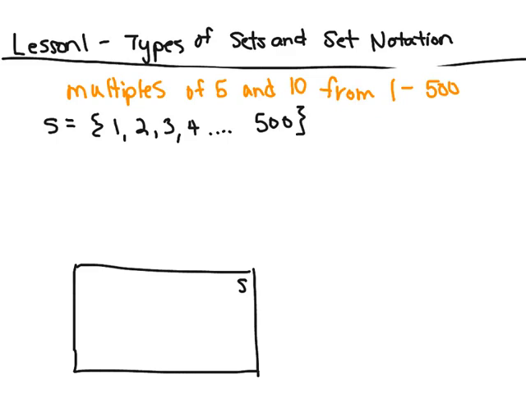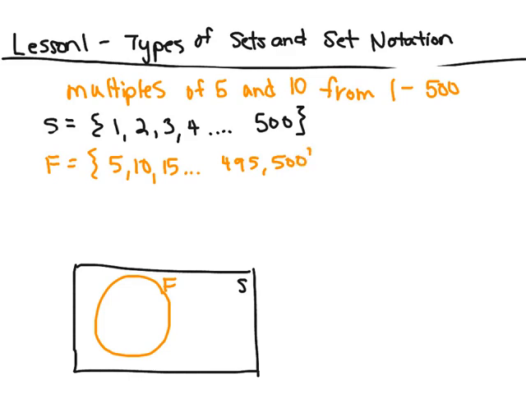And inside that set, we have multiples of 5s. So let's call this set F. So for set F, we've got 5, 10, 15, ..., 495, 500.